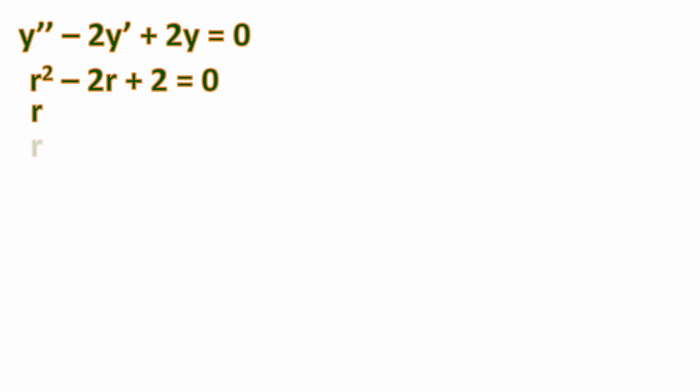So let's try to find some factors of r squared and 2. So it's -1 and -2 because our middle is negative, so we'll try -1 times -2, it's still +2.